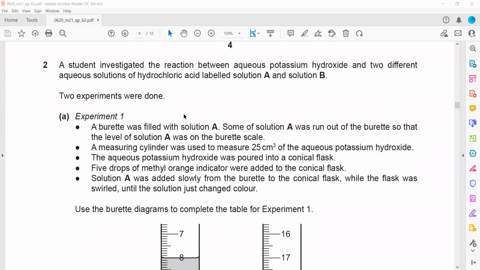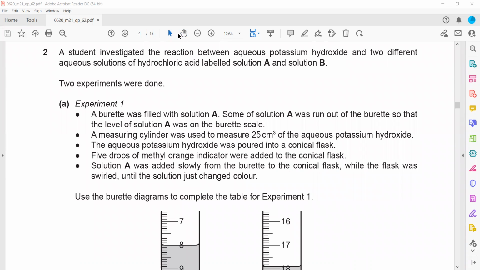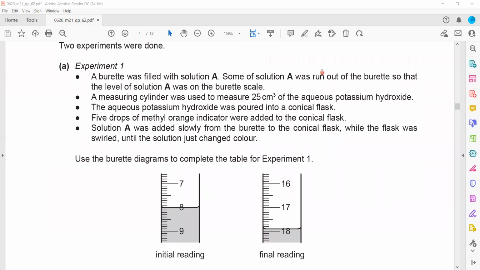In the second question, a student investigates the reaction between aqueous potassium hydroxide and two different aqueous hydrochloric acid solutions, A and B. Two experiments were done. A burette was filled with solution A, and then solution A was run out of the burette so that the level of solution A was on the burette scale.